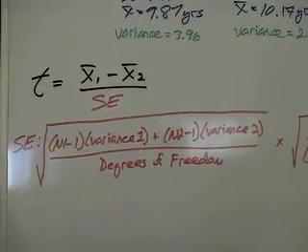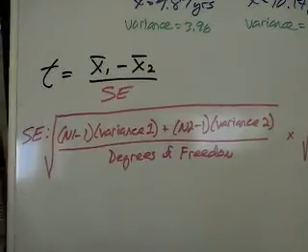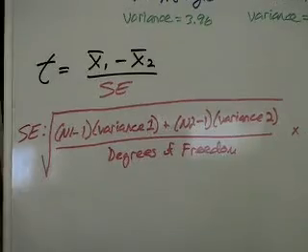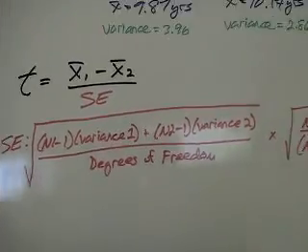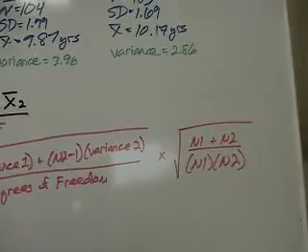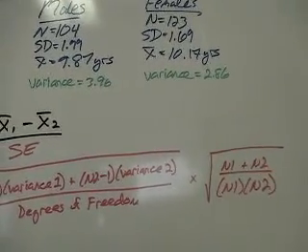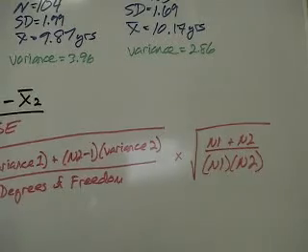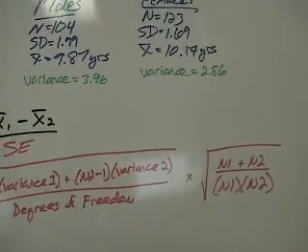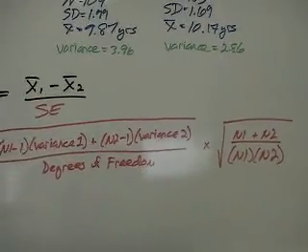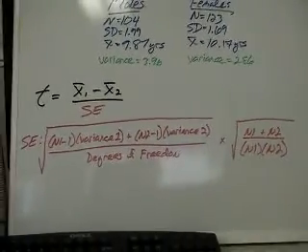And you divide by something called your degrees of freedom, which I'll get to in a second. You get that whole calculation, then take the square root of it, and you multiply it by the square root of N1 plus N2, or 104 plus 123, divided by N1 times N2, 104 times 123. Get the square root of that, then you multiply those together, and that's your standard error.